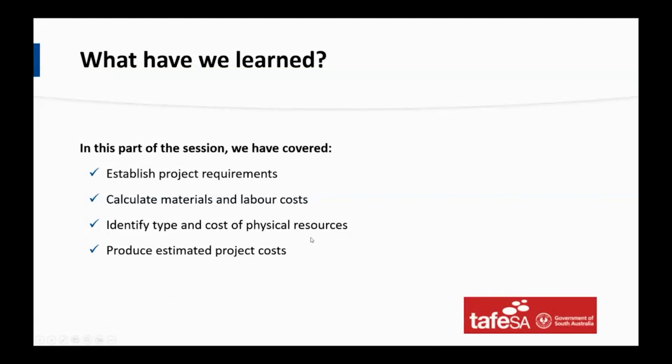What do we need? Scaffold? Do we need bunding? Do we need all those types of things? Those first three are all bundled up under produce estimated project costs. And that's the reason I want to get this part out of the way first, in week one, and get you to work on that. I don't think it's terribly difficult, but it is something that you can use.